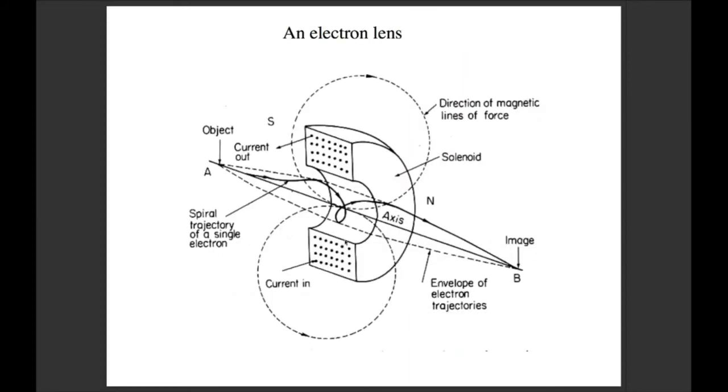Depending on how much force you put on it, the whole image will rotate when it goes through each lens series, so you have to take account of that. If you think about an electron going through a magnet, it spins. So really your electron is going like this down the column.